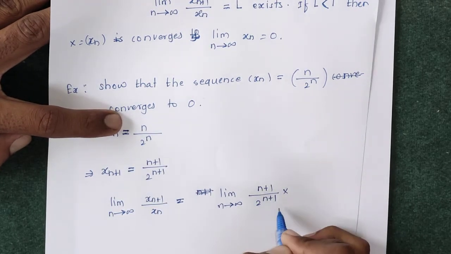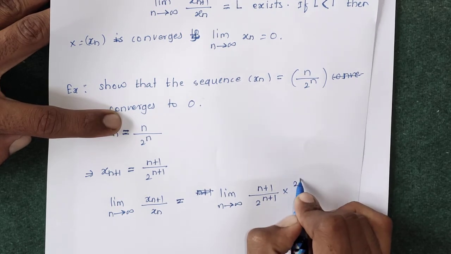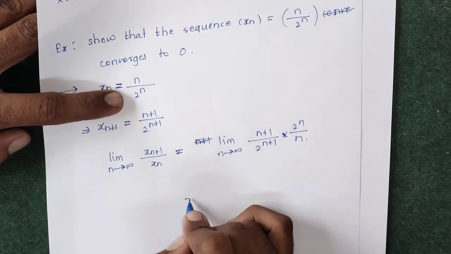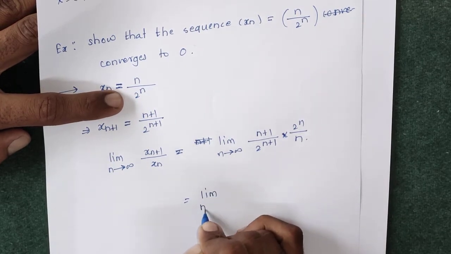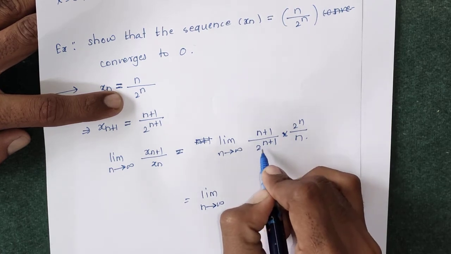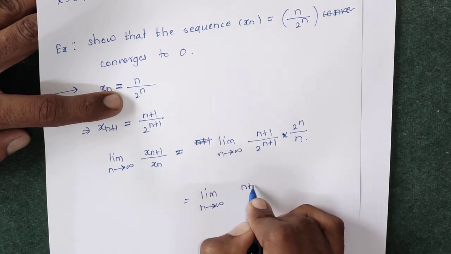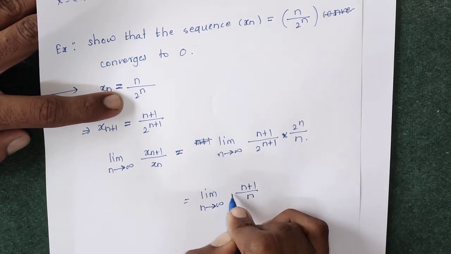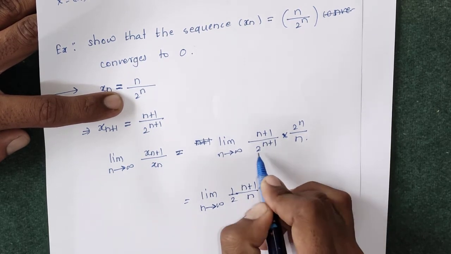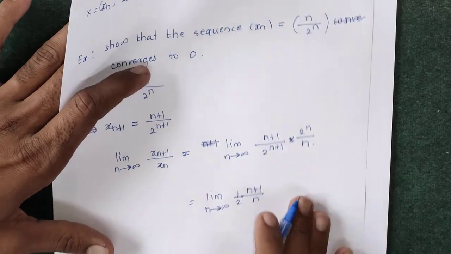So dividing by n upon 2 raised to n, we get multiplication by 2 raised to n upon n. Now clearly you can see that we can write 2 raised to n+1 as 2 raised to n into 2. So 2 raised to n gets cancelled. So we get n+1 upon n into 1 by 2.